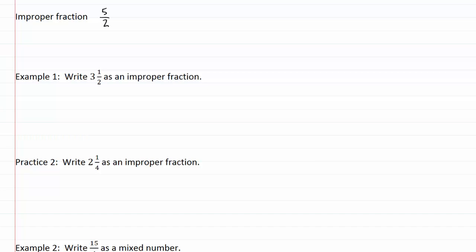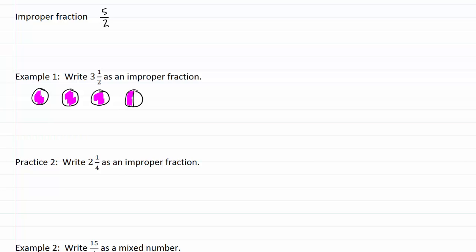So I'm going to draw a picture of this just as an illustration, kind of like I did up above. I'm going to go with circles, kind of, my best impression. So I've got 3, and then I've got a half, and I'll just highlight those. There's 1, 2, 3, and a half.